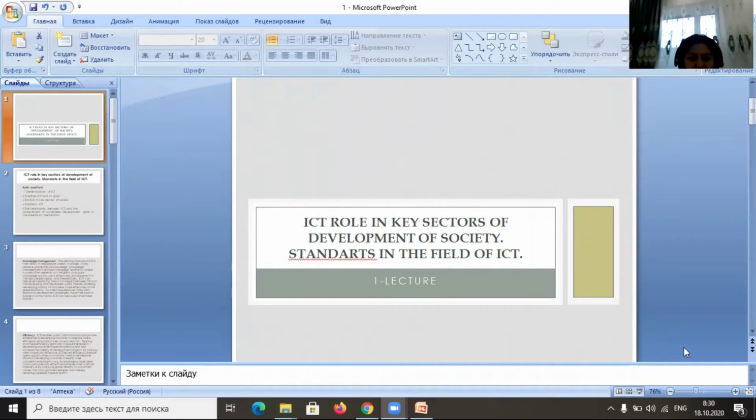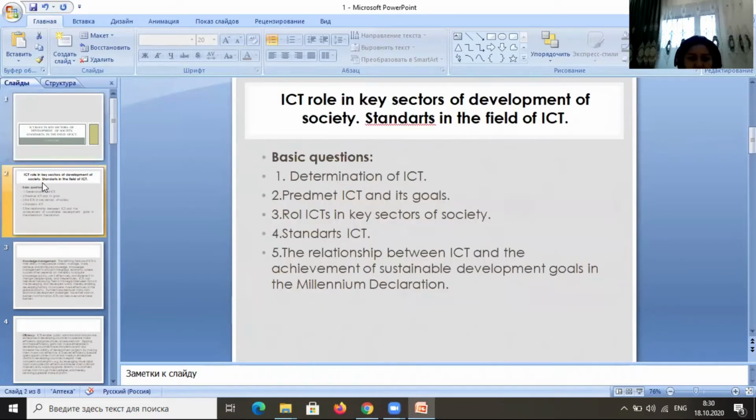ICT role in key sectors of development, and development of ICT standards in the field of ICT. Basic questions: 1. Determination of ICT. 2.